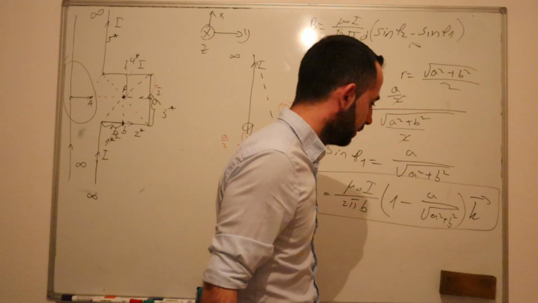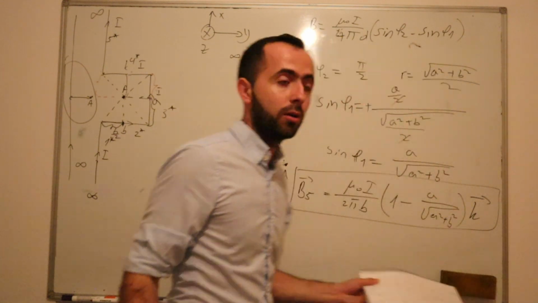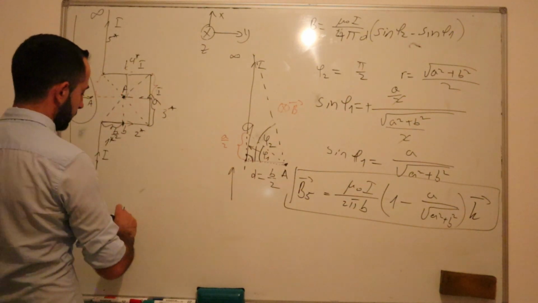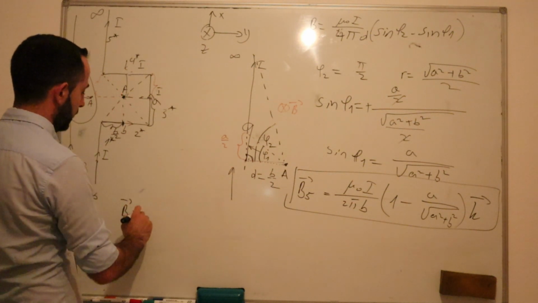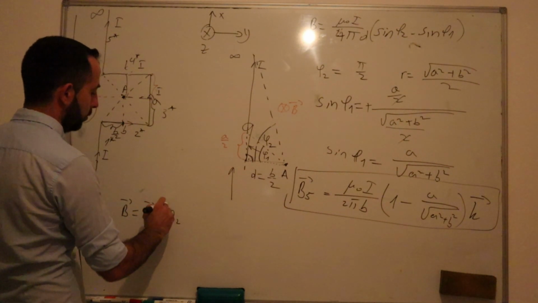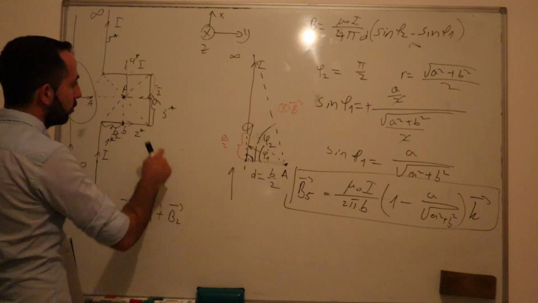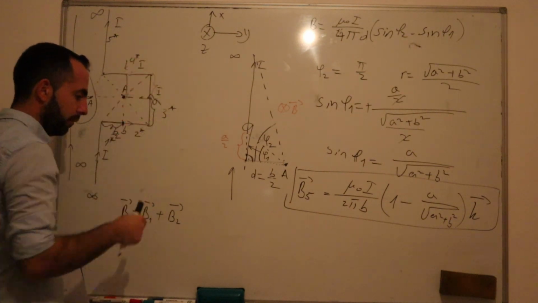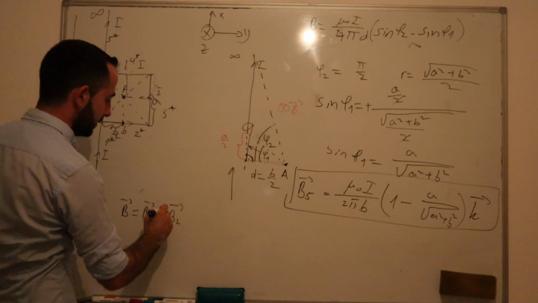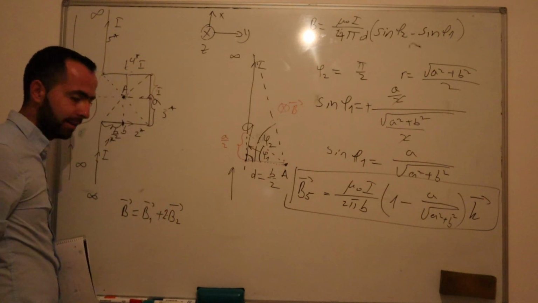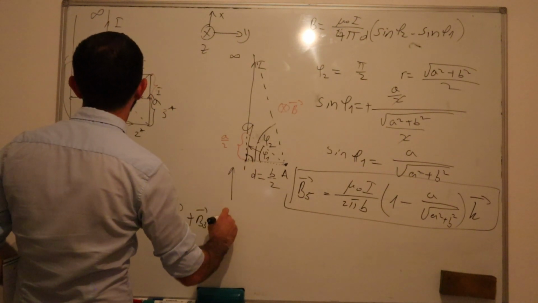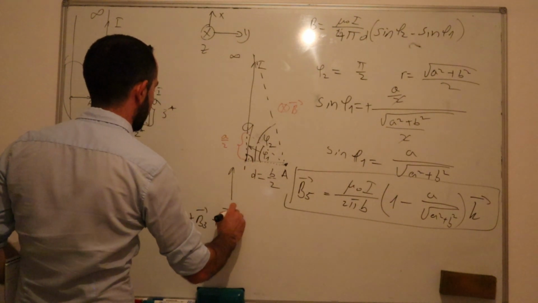And now, simply, our resultant magnetic field at this point, B, is equal to B1 plus B2 plus B3 plus B4, but B2 and B4 are the same, so I will write it as 2 times B2 plus B3 plus B5.